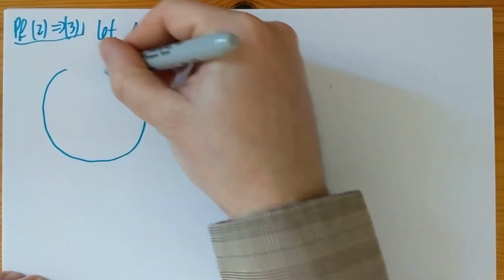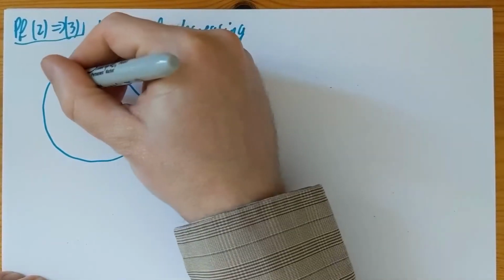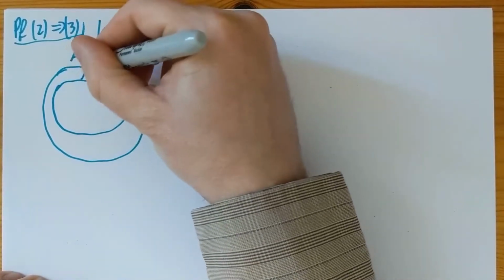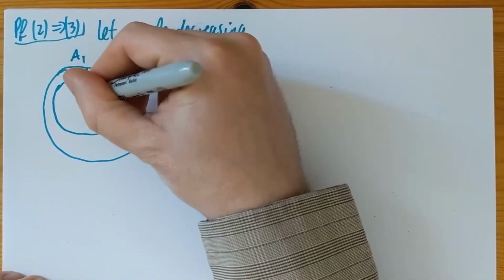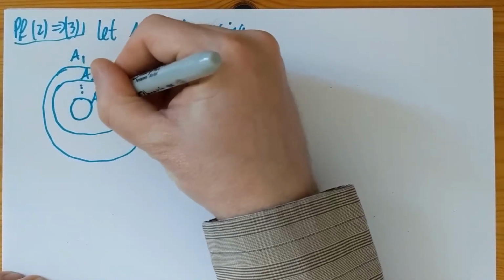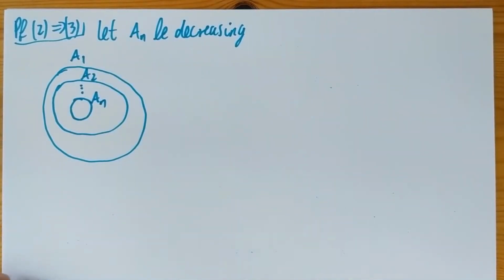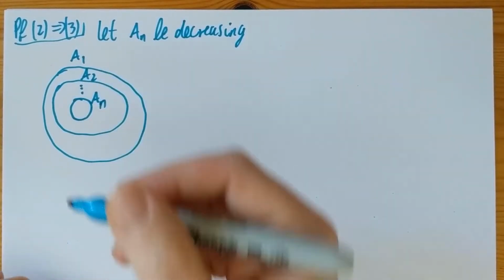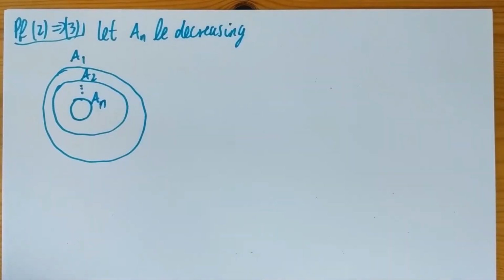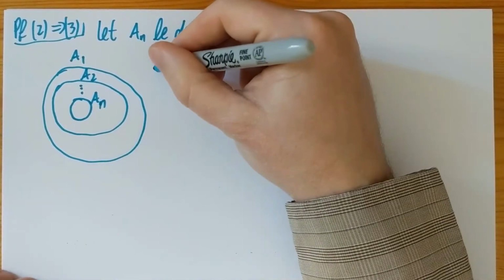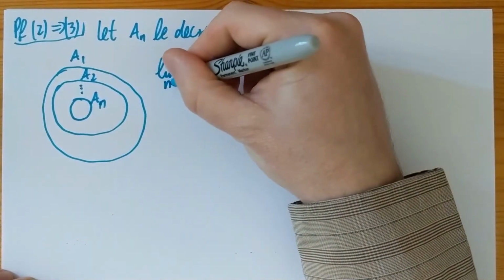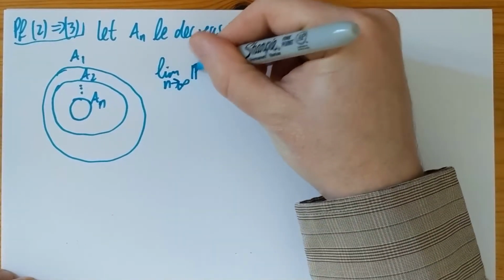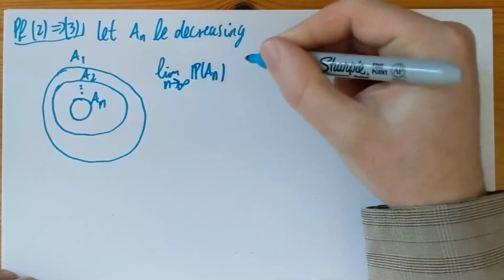That means that here is a1, and then a2, and then it goes down to an, and somewhere in an we have the intersection, and the intersection could be empty or could be something non-empty. Okay, it shrinks further down and down. And let's start writing the limit as n goes to infinity, probability of an.